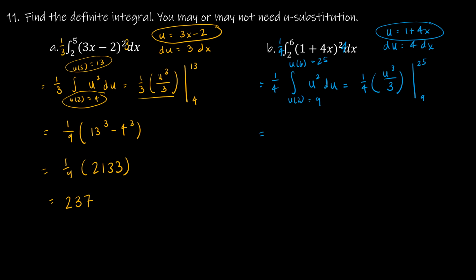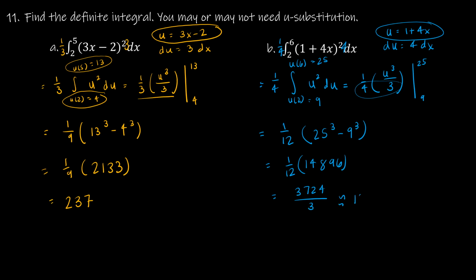So my result is 1/12 if I take those two fractions to the outside, and then 25 cubed minus 9 cubed, which gives me 1/12 of 14,896, which gives me either a fraction, 3724 over 3 just by reduction, or approximately 1,241.3 repeating.